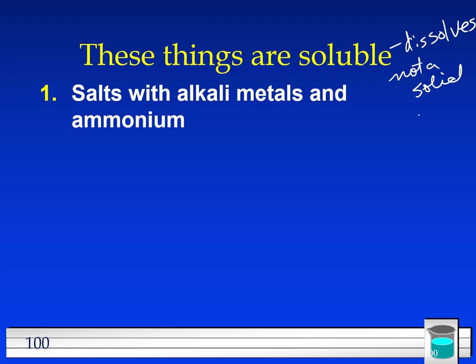Okay? So anything, and salt is the generic term for any ionic compound. So it says salts with alkali metal or ammonium. If they have alkali metal or ammonium in them, they are soluble. They will dissolve.